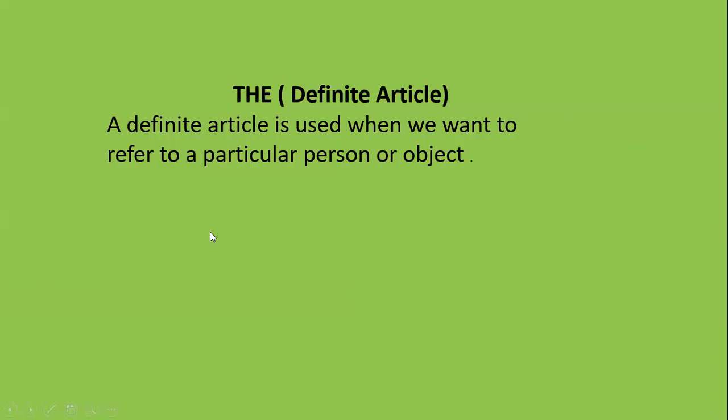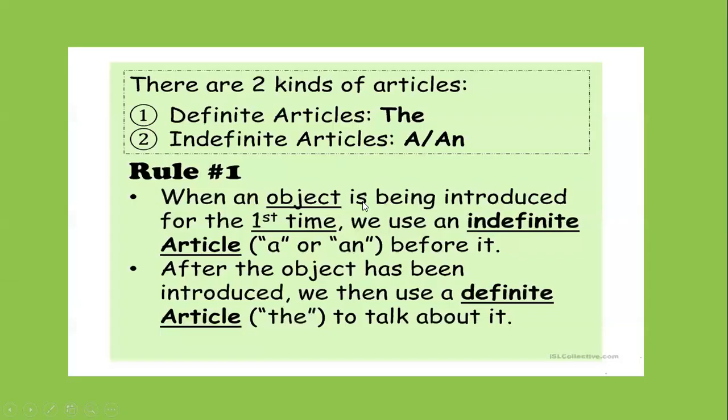Now let's see the definite article "the". The definite article is used when we point to a particular person or object. The first time, in the beginning of a sentence, we will use "a", but when we repeat the same word again, we will use the article "the" in the second part.